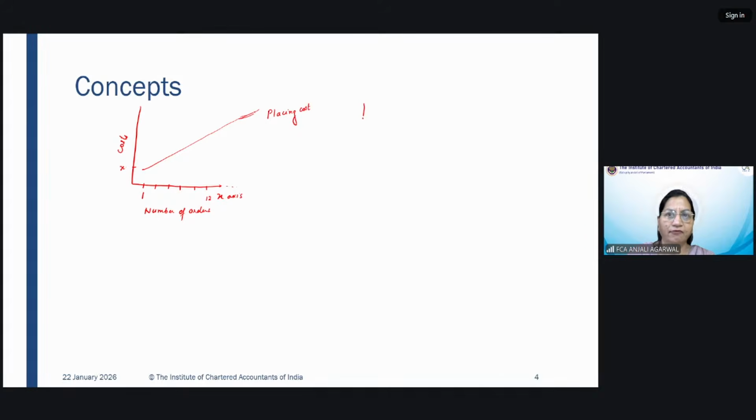However, if I had taken units ordered on the x-axis, so here as we have taken 500, we could have gone to 6,000, 12,000. With 500 units, the placing cost was high, and with 6,000 units, the placing cost will come down, right?